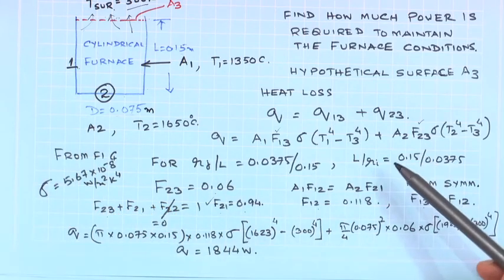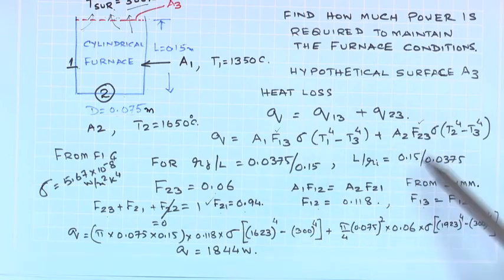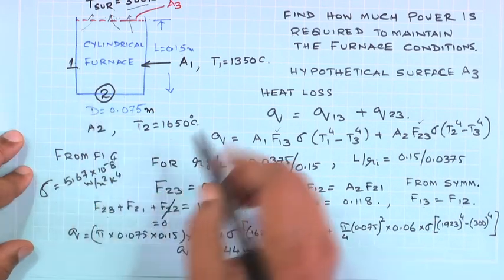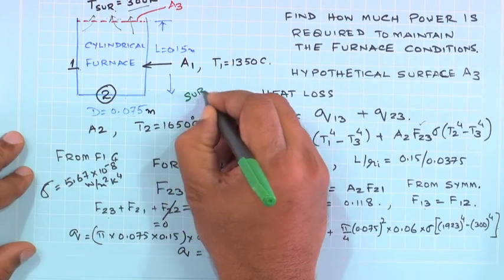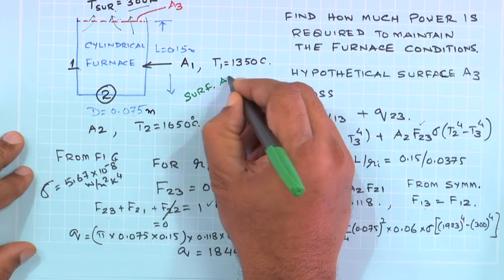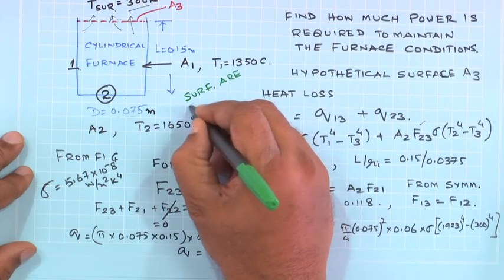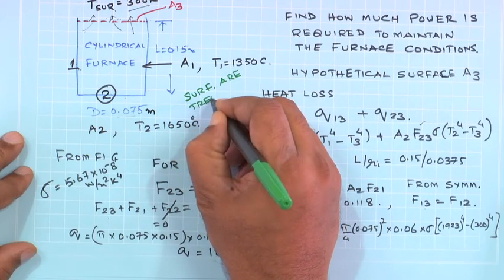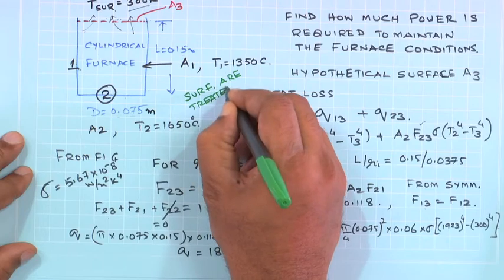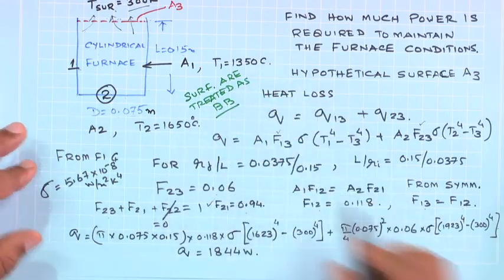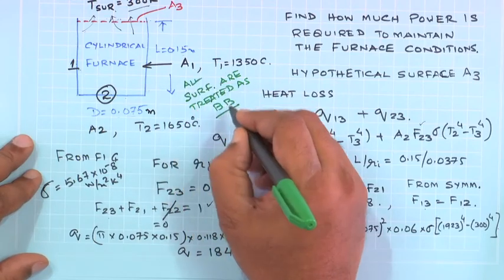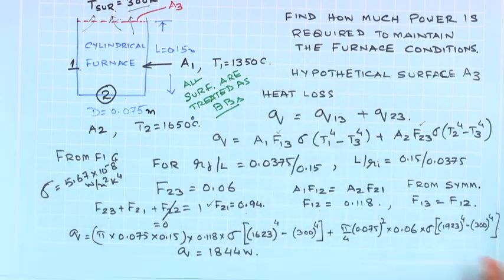So, using the formula, the assumption here is all surfaces are treated as black bodies.